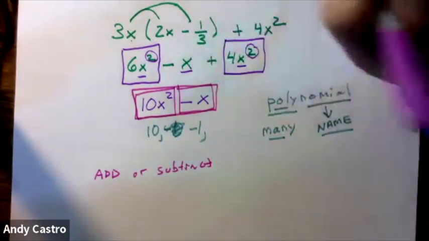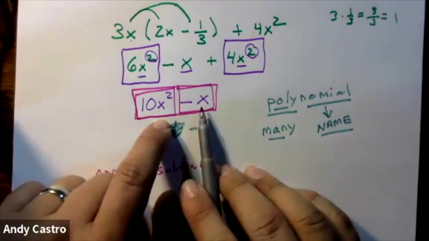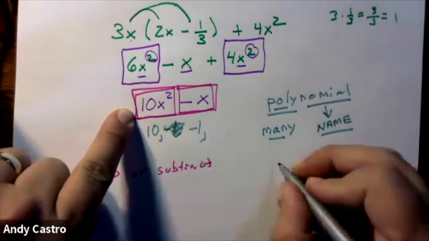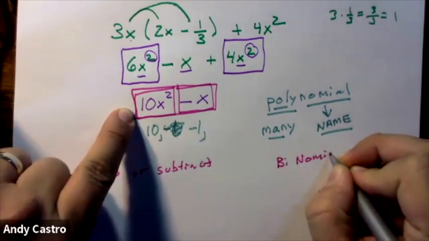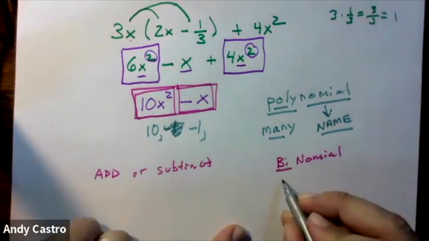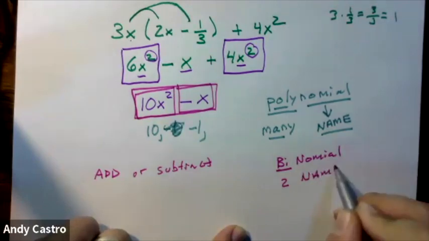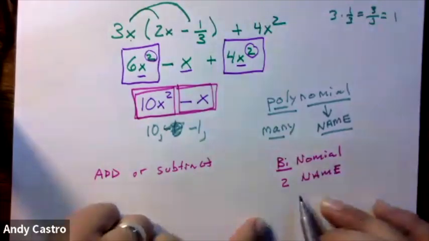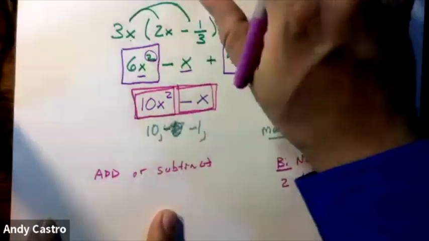Because there are 2 terms in this expression, this particular polynomial is called a binomial. Bi means 2. That's kind of what binomial means. So binomial means that there are 2 terms.